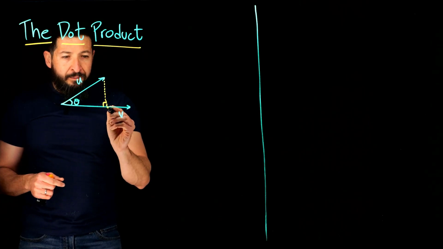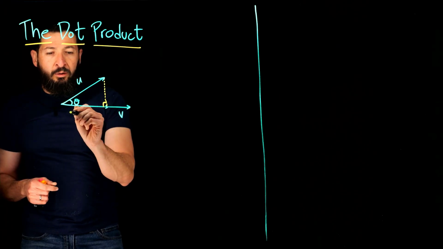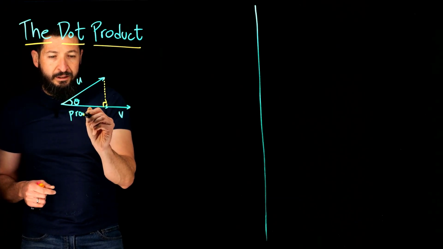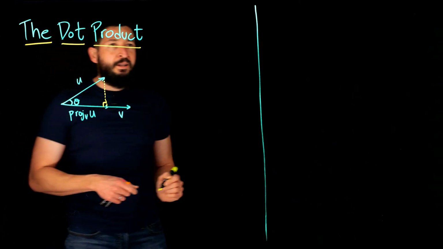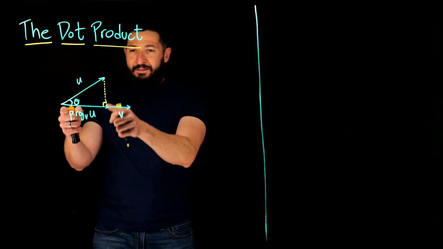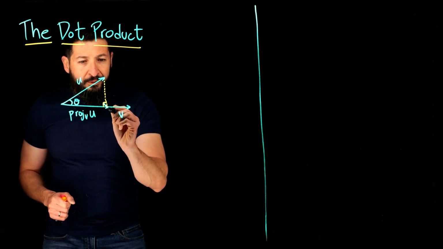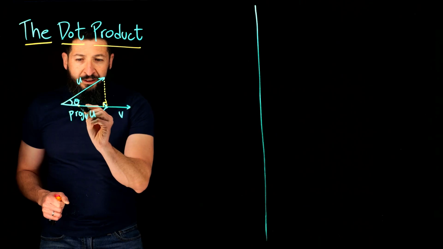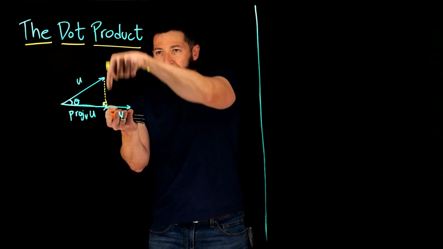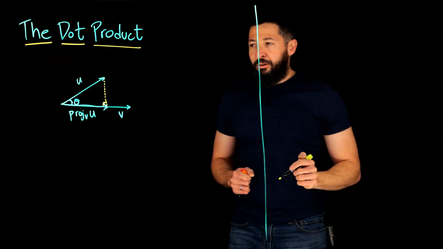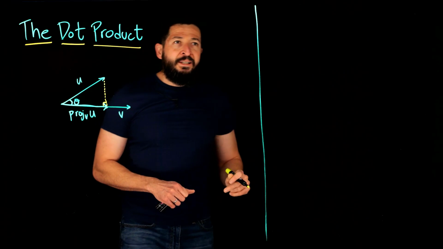And so the magnitude of this vector, which I'm going to call the projection onto v of u, so that vector right there, the one that is right below our vector u. When I call that the projection of u onto v, I want to find out what that is.